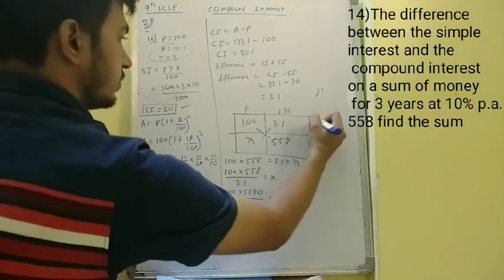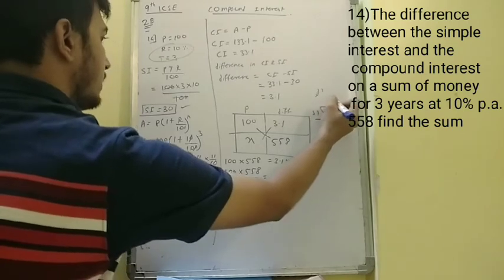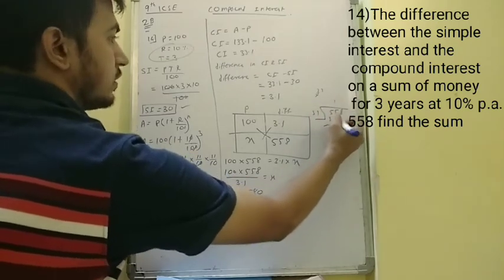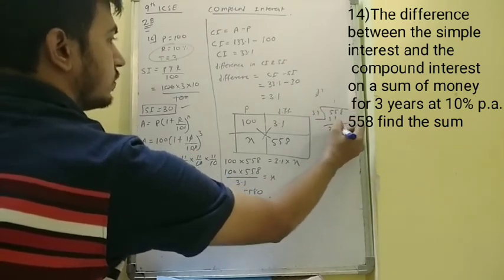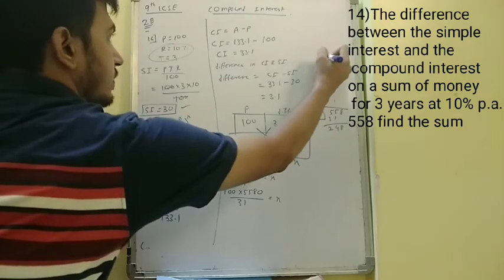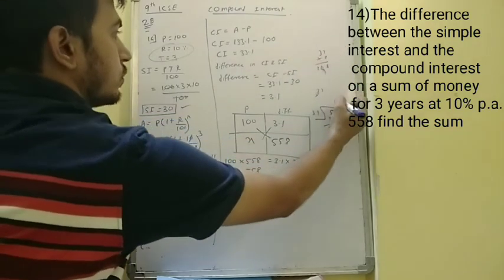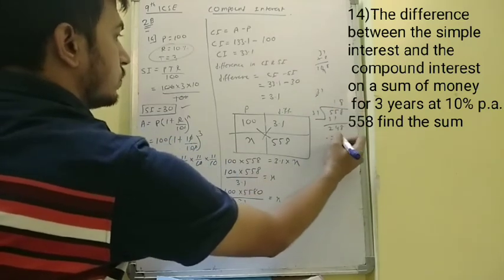If I'm doing it like this, 558 divided by 31: ones are 31, I'm having 4 and 48. Now 31 eights are 248.